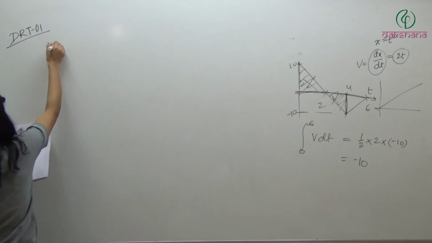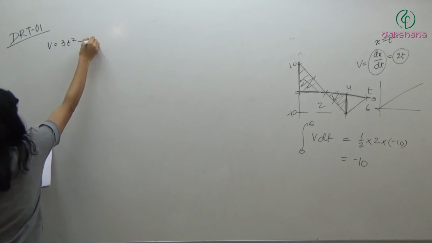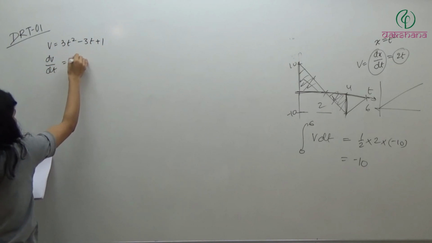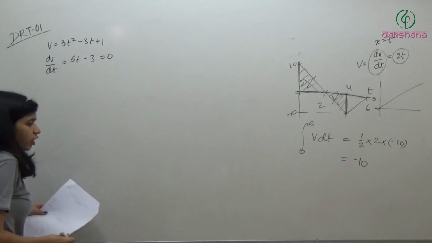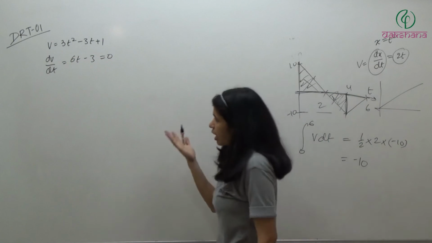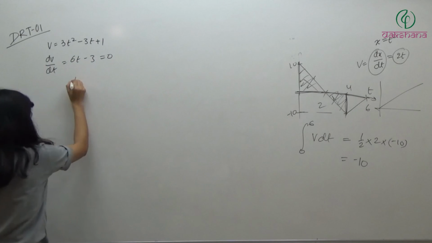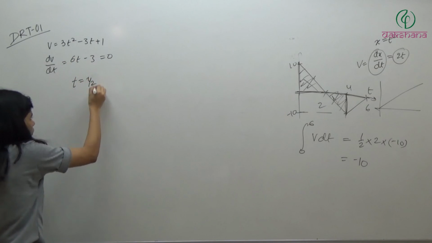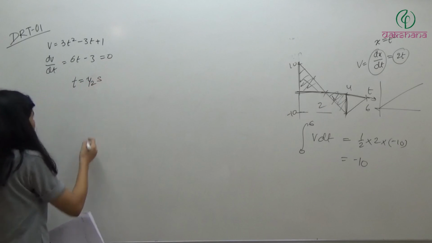So dv by dt is equal to 6t minus 3. Put it to 0 to find the time where maximum or minimum will happen. Here we are getting only one value. So whatever is asked, if maximum is asked then definitely at that point maximum will occur, if minimum is asked then minimum will occur. So t is equal to half second.